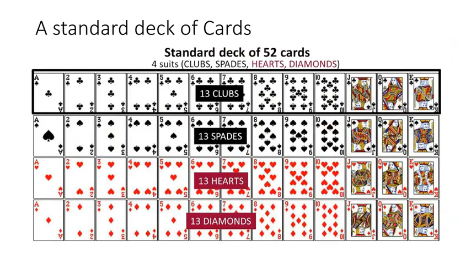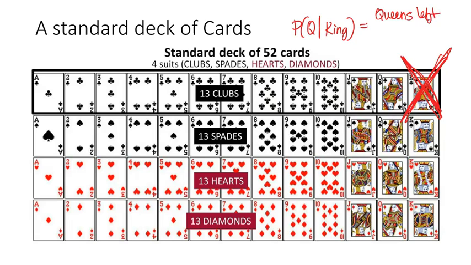Well, now when I go back to find the probability of the queen, it has to be given that the king was already selected. In other words, when I picked up that one card, I didn't replace it. So now, how many queens are left over in the deck?